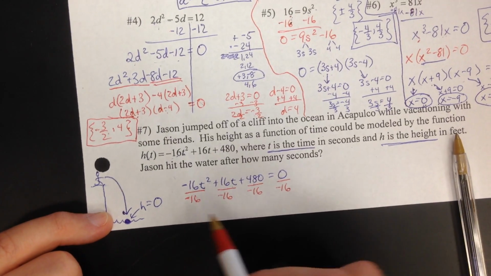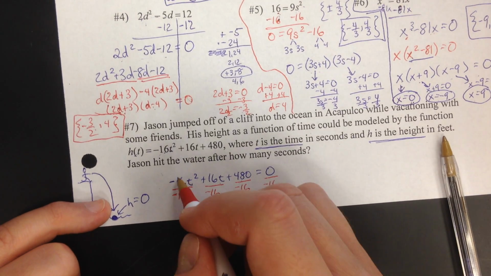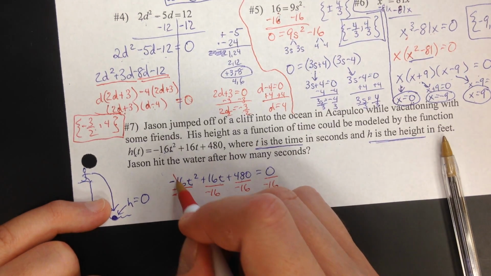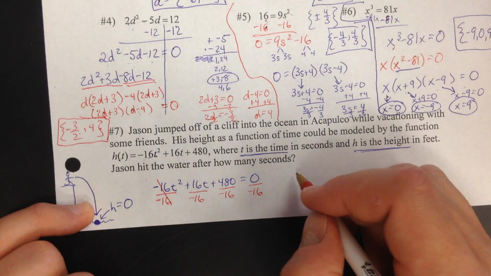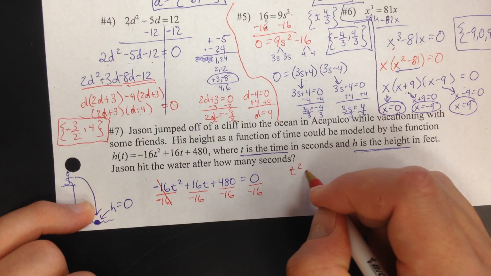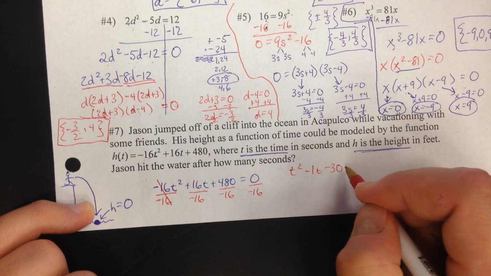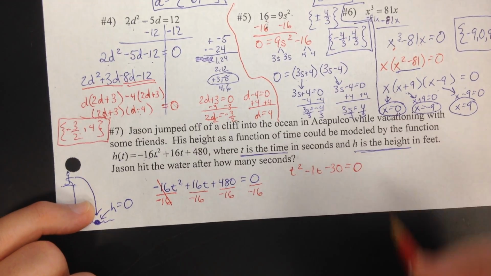Now, I could have pulled this off on the side as a GCF. The reason I divided by a negative is I want just a t squared. So t squared, this will be minus 1t. This will be minus 30. And 0 divided by anything is still 0.